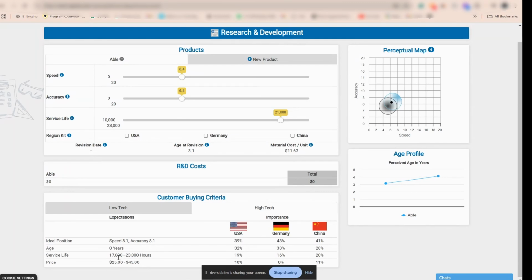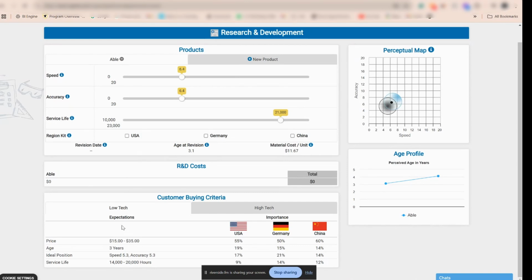A service life of 17,000, 23,000. So ideally, what I would do is, Able is existing, Able is going to be getting older. So I would rather focus on developing a new product for the high tech market and let Able gradually fill the low tech market. If you look at the perceptual map at the moment, Able is right here and it's looking more like a high tech product than a low tech product, right?